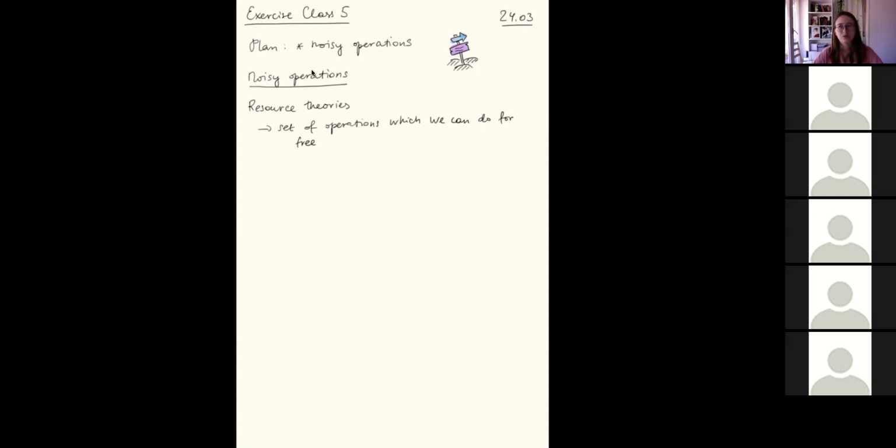And so the examples of these are the resource theory of local operations and classical communication, which is essentially a resource theory of entanglement, because the only operations that you can perform for free are non-entangling operations, at least globally.